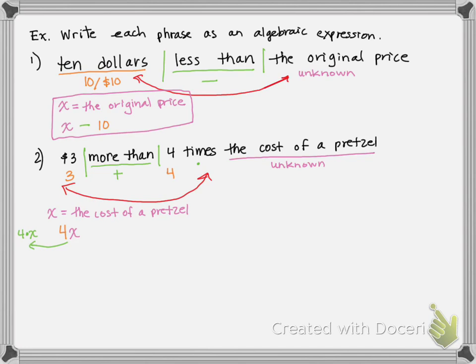And then it said we had the more than, okay, and then the 3 would go in the back. So 4 times the cost of the pretzel, we would have $3 more than that, okay? So we'll box up both of those.